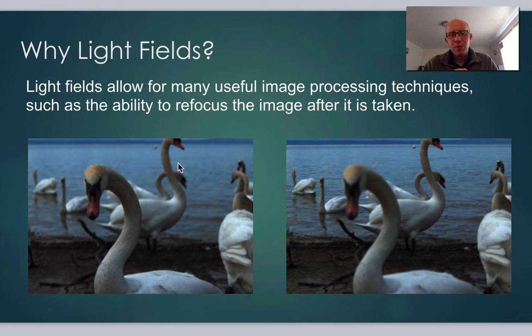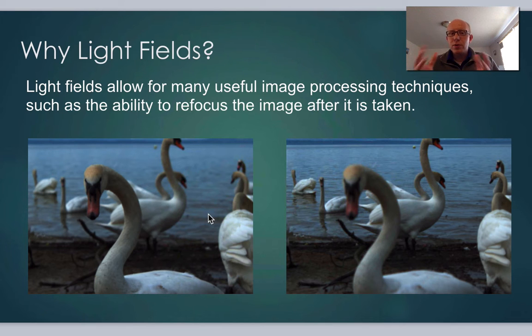So this image of the swan, we can move our focus forward digitally, mathematically, without changing the camera settings, and make it so the swan in front is in focus and the swan in back is blurred. Or we can do vice versa and make it so the swan in front is blurred and the swan in back is in focus. And we can even make combination photos where both of them are in focus.